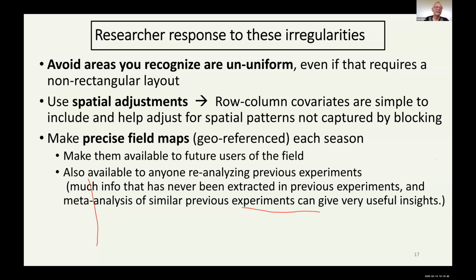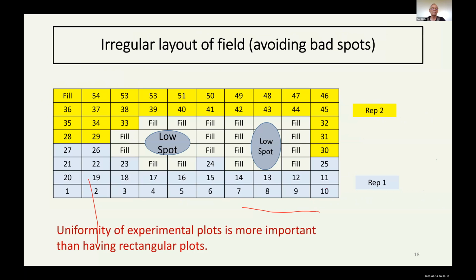And then a longer term, but very important in the longer run, is precise field maps that are geo-referenced each season, made available to future users, and also available for reanalyzing and meta-analysis. Much of the information in many previous experiments has never been extracted, yet it can be very useful.